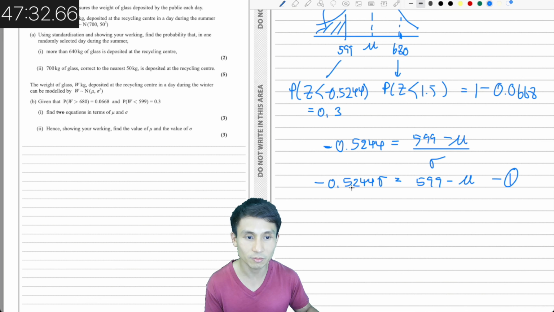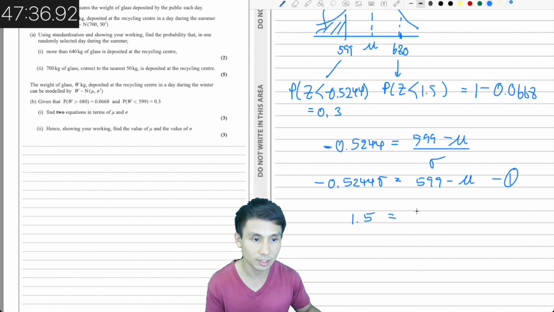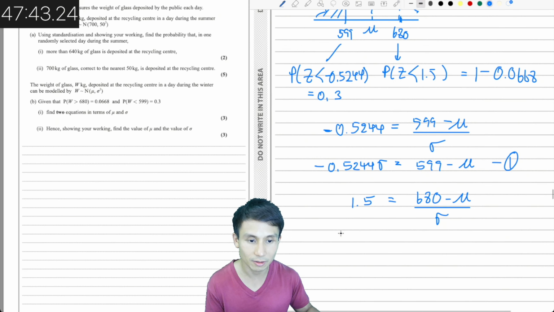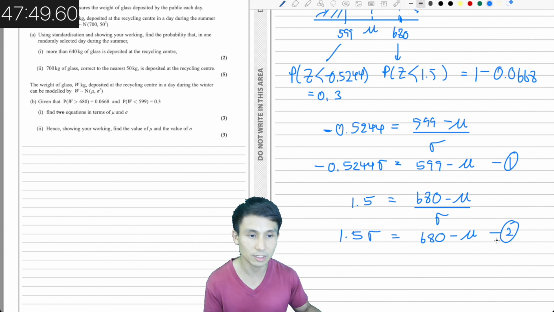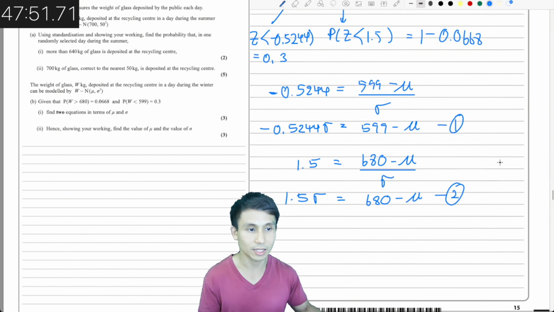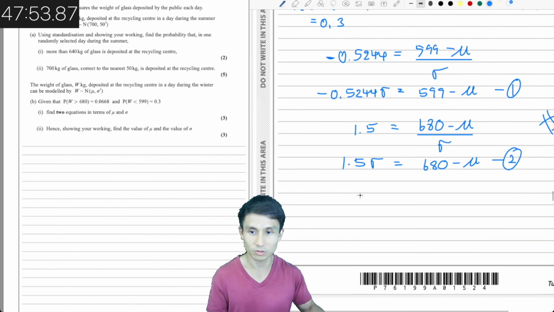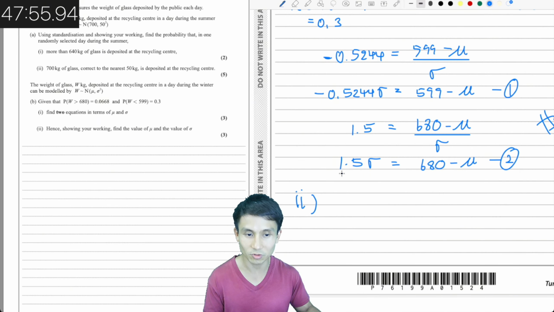And then the other one being Z of 1.5 equals 680 minus mu over sigma. And then again, 1.5 sigma equals 680 minus mu, the second equation. Okay, and that's it, because they only want you to find equations, and the next one, of course, solve them.